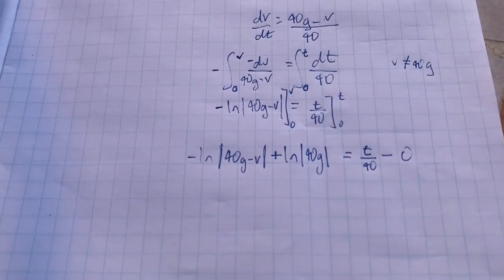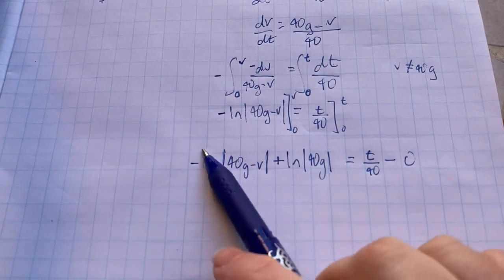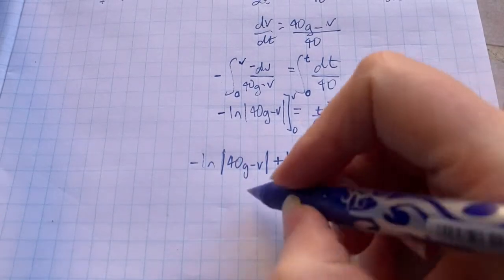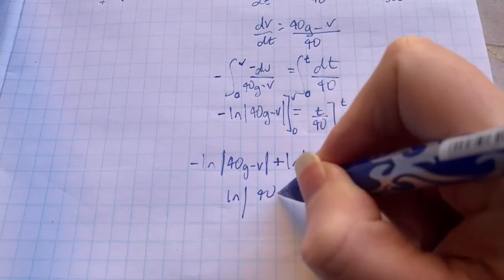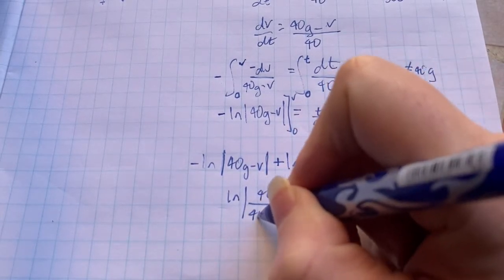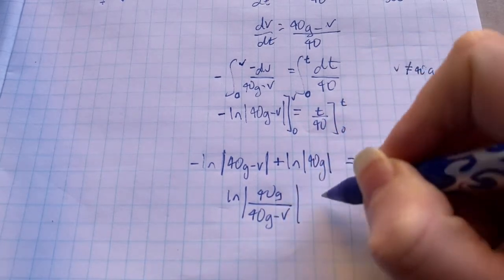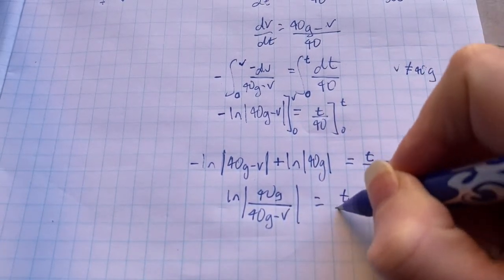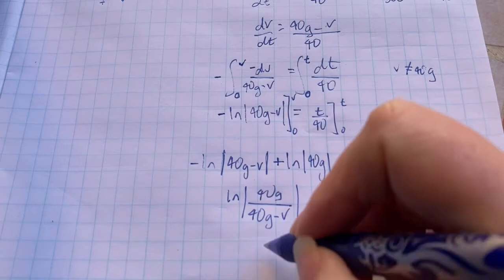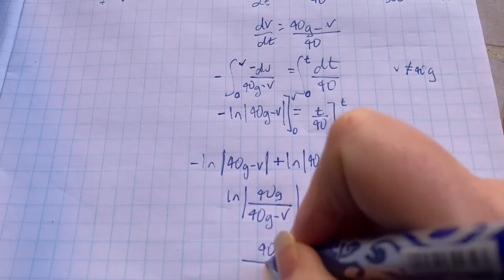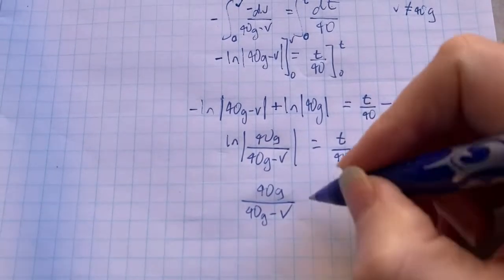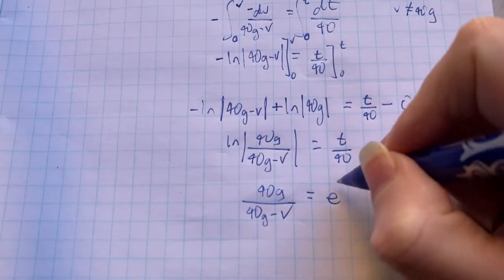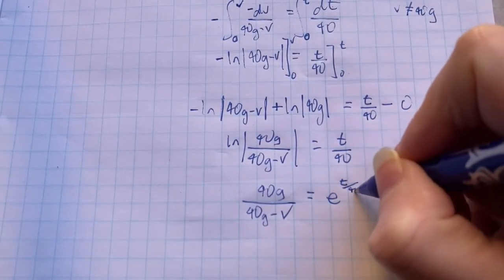The question asked for it to be an equation for velocity, so we do need to rearrange this and make it v equal to. So first of all, I'm going to collect up these using my log laws. So I'll put the positive one on top and the negative one on the bottom. That's just now t on 40. Let's take e of each side, so 40g over 40g minus v is equal to e to the t on 40.